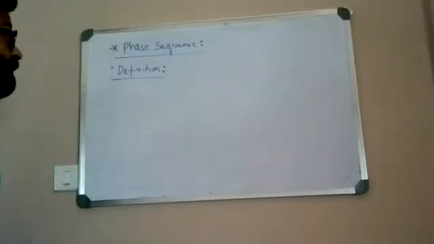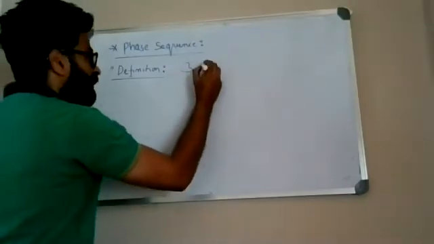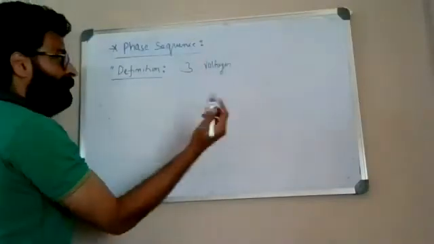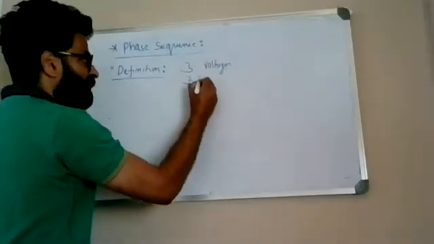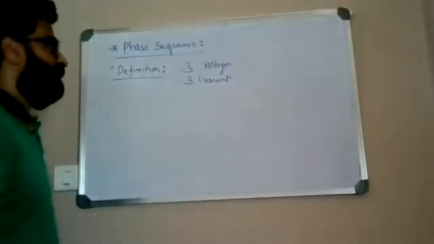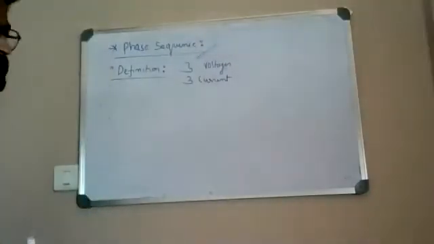All right. Whereas when you come to three-phase AC circuit, you will have three voltages. Okay. And then you will be also having three currents. So that's the reason this phase sequence comes into picture.